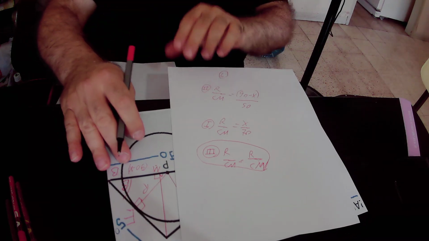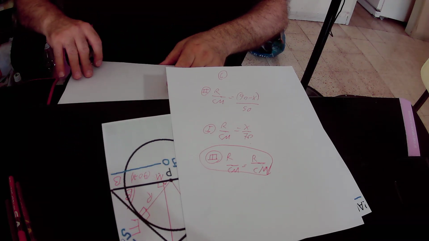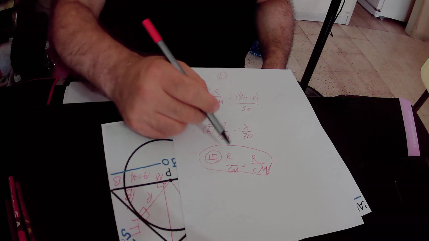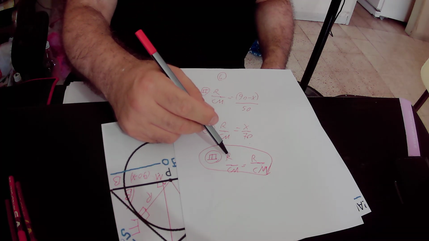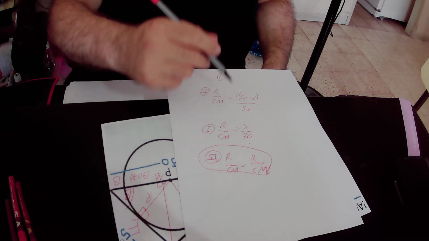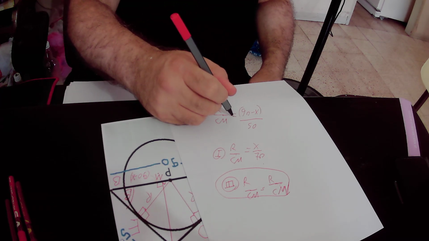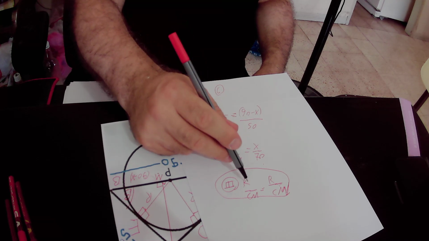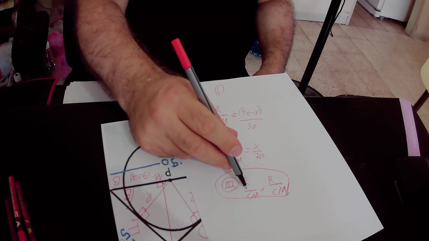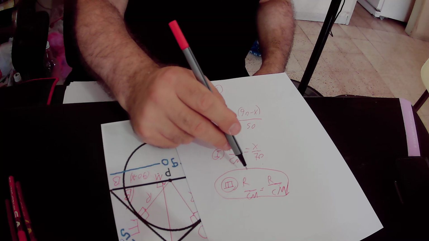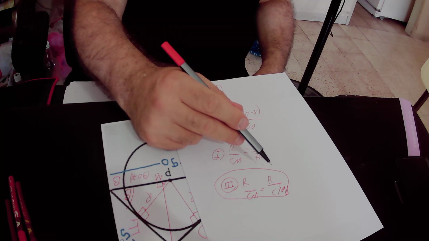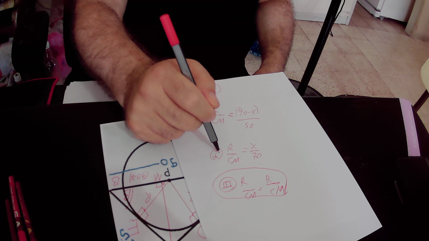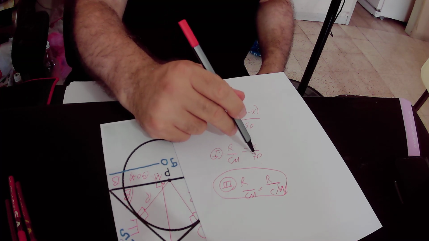R over Cm equals R over Cm. And in the next step, we'll substitute R over Cm by the value of R over Cm in the second equation, and we will put the expression here, and in this side of the equation we will substitute R over Cm by the value of R over Cm from the first equation. Okay?